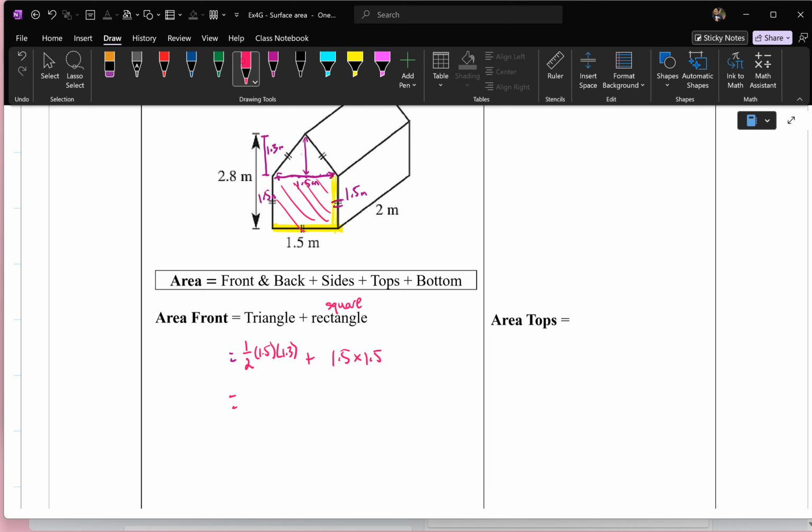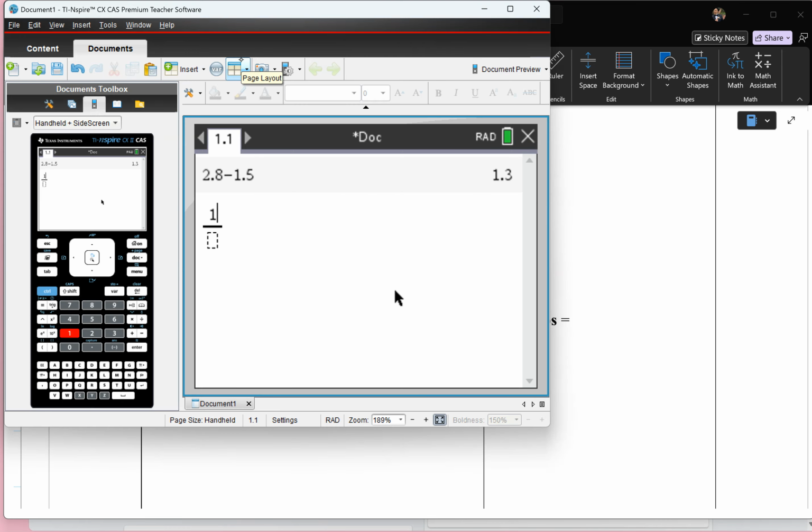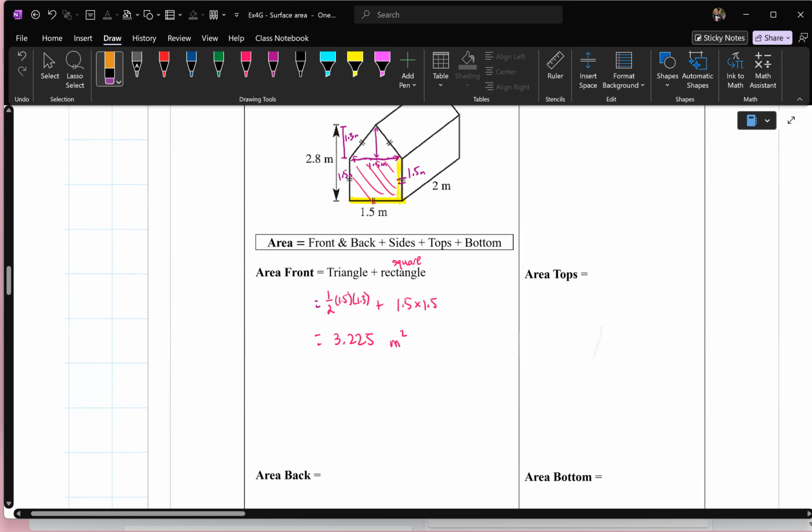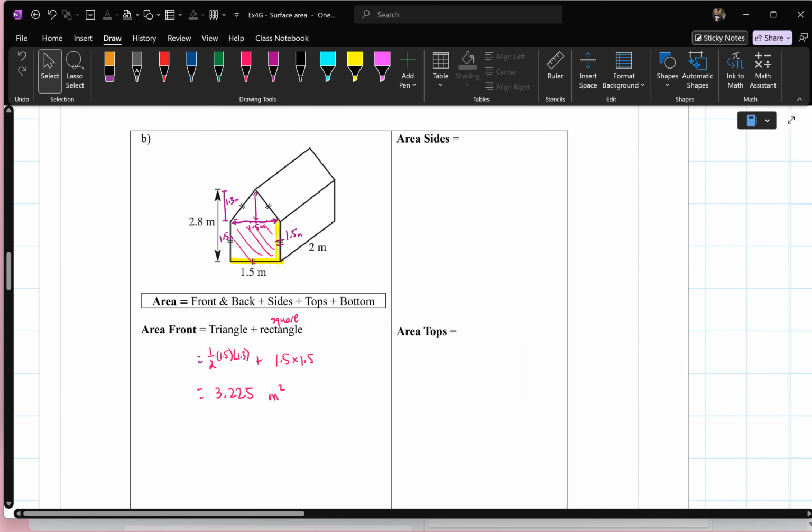So let's put those two together on your calculator. Half, you can type 1 over 2, or you can type 0.5 multiplied by 1.5 times 1.3. And I'm also adding it on with 1.5 times 1.5. So together it's 3.225 squared meters. Okay, so I've done the area of the front.